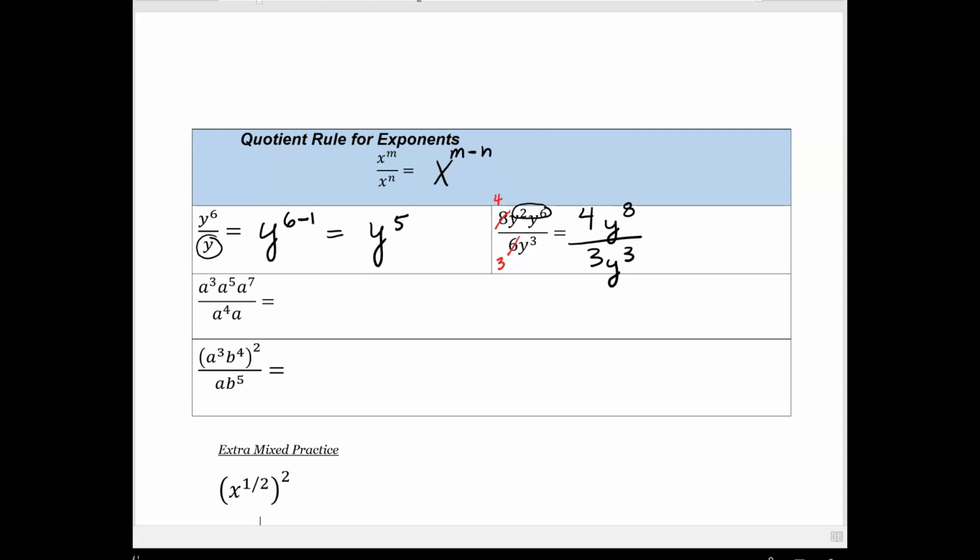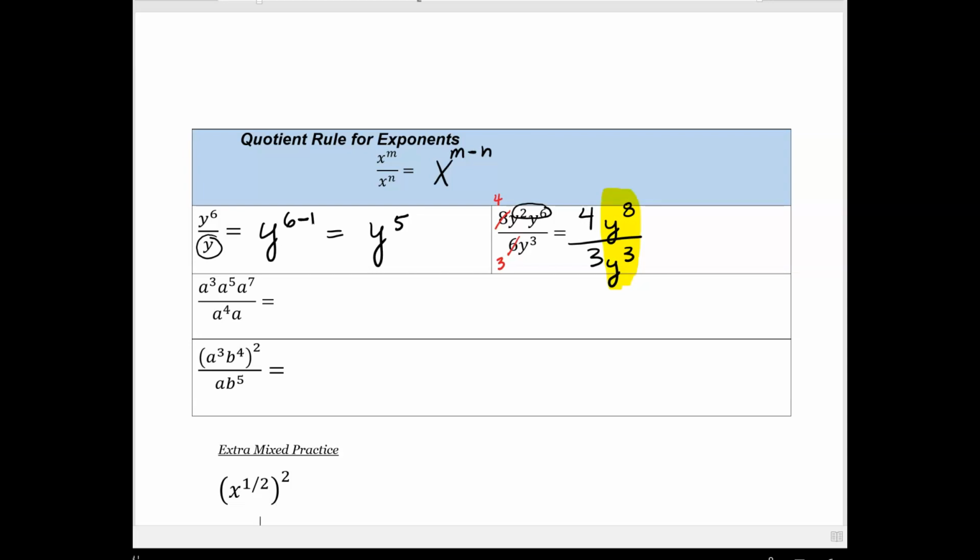Now, can you tell me, however, why we are not done with this problem? So you got to be able to catch this without someone telling you. Well, we have the same base showing up, so we have to combine these two using a rule.